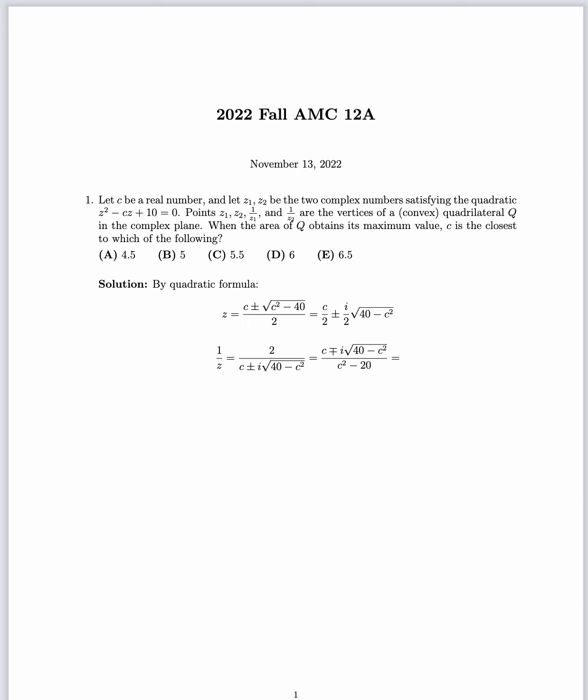Now this one is the typical form of 1 over z.